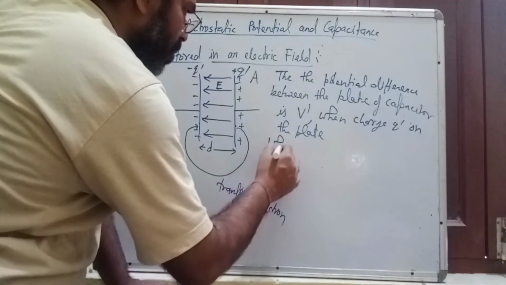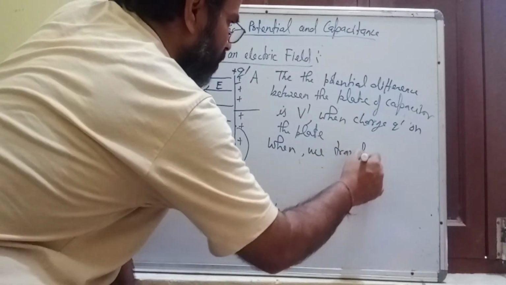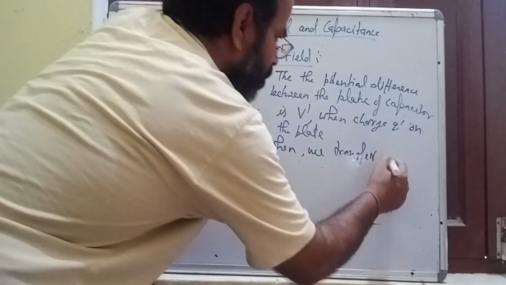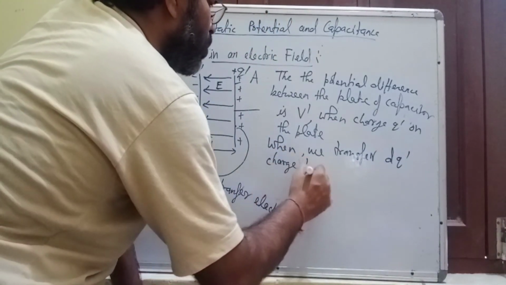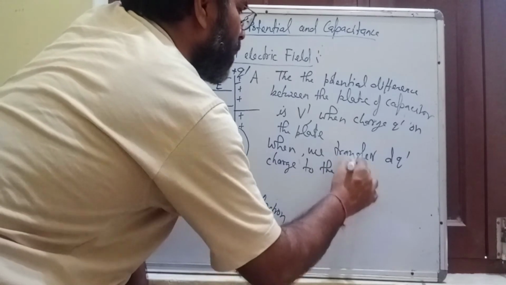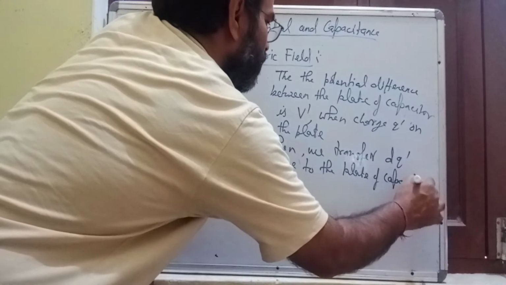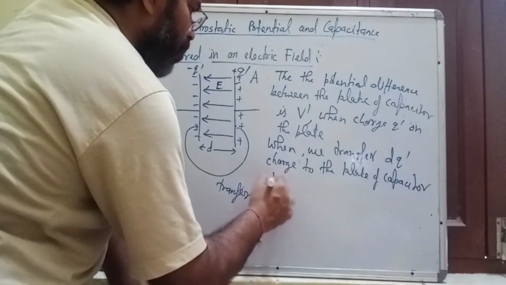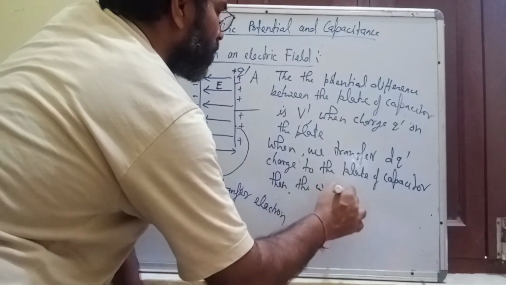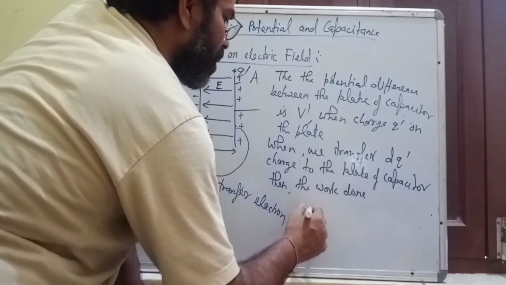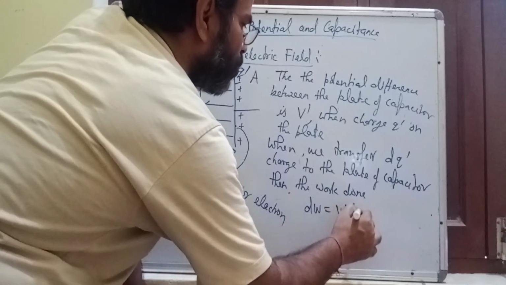And when we transfer dq dash charge to the plate of the capacitor, the work done in this process can be written as dW equal to V dash dq dash.